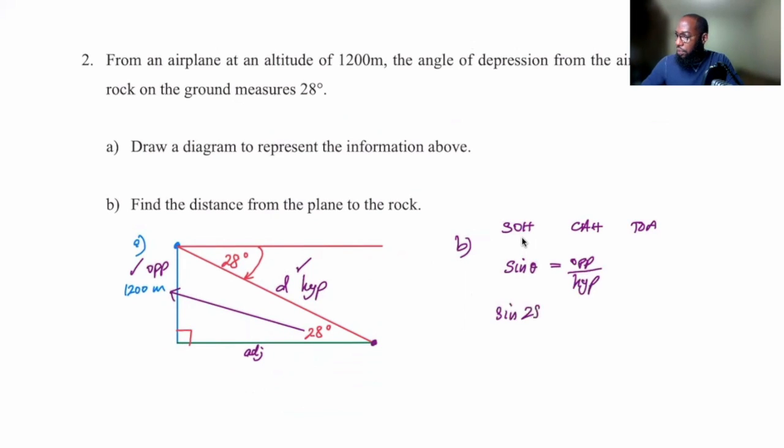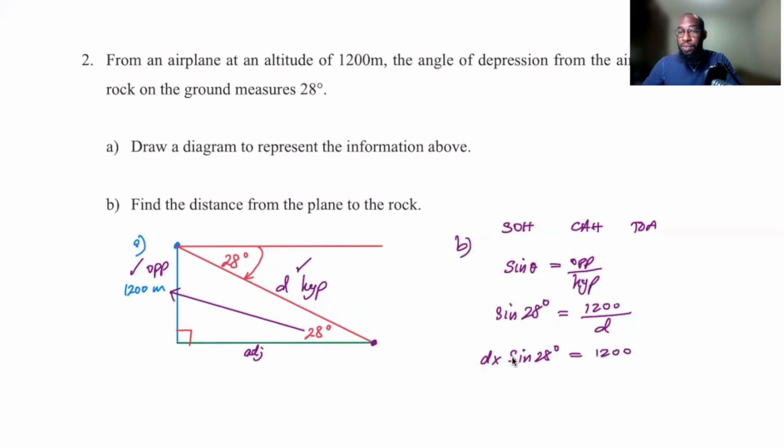Substitute it now. So sine 28 degrees is 1200 over D. As I said, take a look at my trigonometric ratio videos, unknown angles, unknown sides, to look at this step in depth. I'm not going to go into too much detail. So D multiplied by sine 28 degrees is equal to 1200.